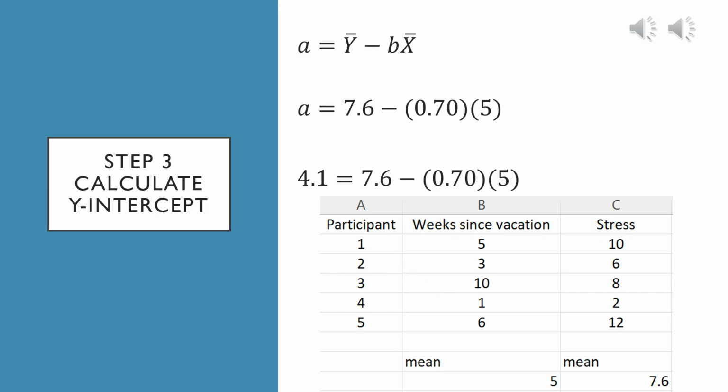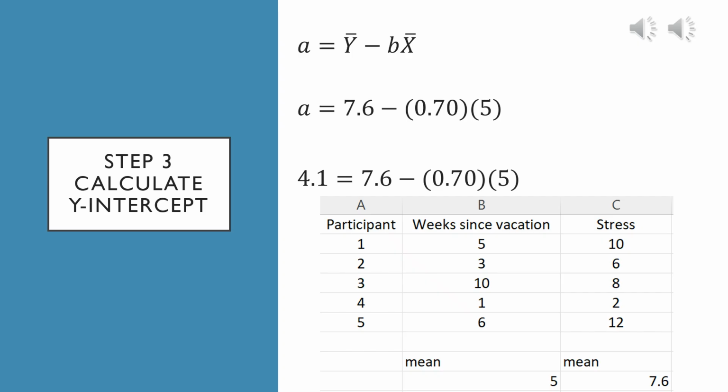4.1 what? Well, what is the y-intercept? Conceptually, the y-intercept is the value of y when x equals 0. So this is the value of stress if there is no weeks since last vacation.